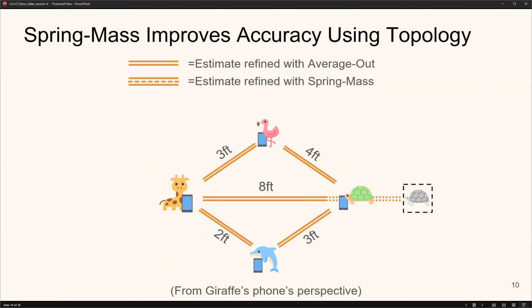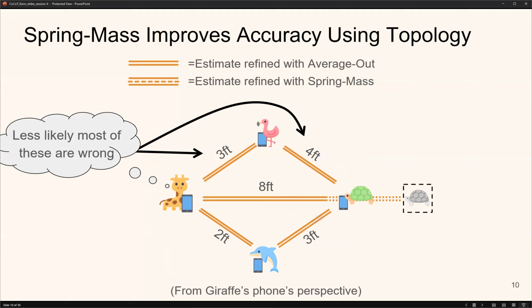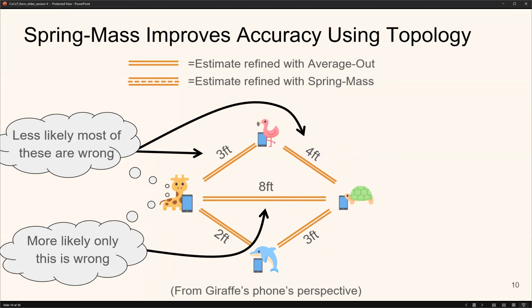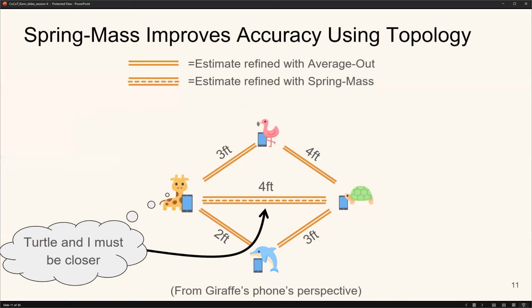And the giraffe's phone might calculate that it's less likely that all 4 of the outside lines of this quadrilateral are wrong, and more likely that just this inside line of the quadrilateral is wrong, but at least one of them is wrong. And so it's going to update the line between itself and the turtle's phone accordingly and make a more realistic estimate to the turtle. And I'll remind you that these estimates are made with Bluetooth, and these large-scale adjustments are actually quite common.